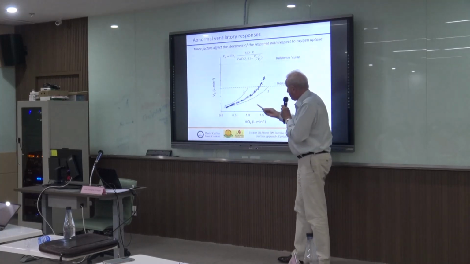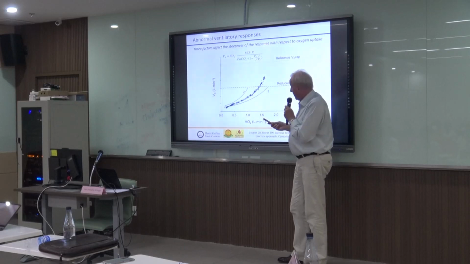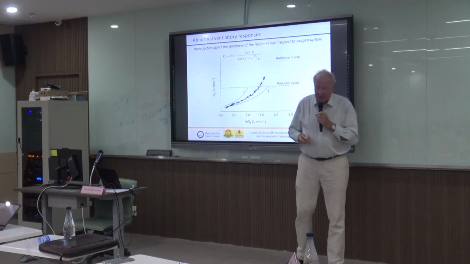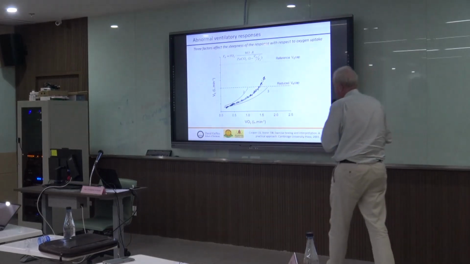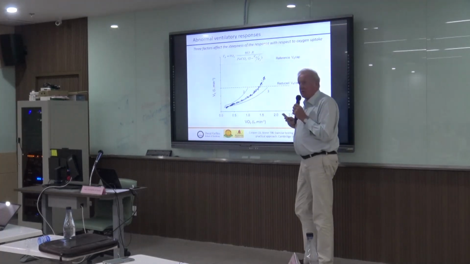And if it's reduced, even if we had a normal ventilatory response, we're not going to get to the same level of ventilation, and we're not going to have as high a VO2 max at the end of the incremental exercise test. The patient will have to stop when they reach their ventilatory capacity.